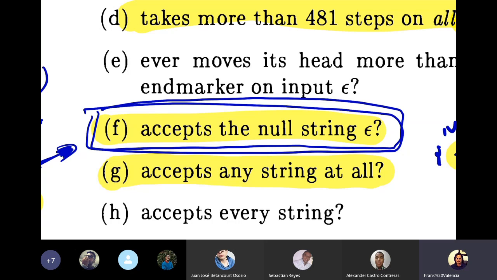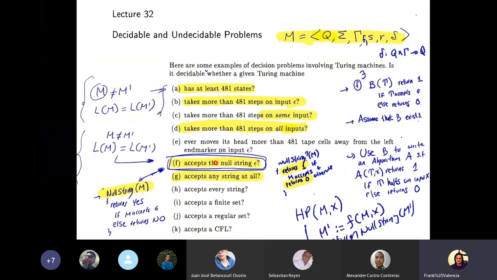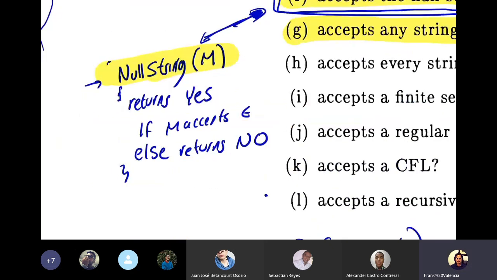Assume for a moment that you have an algorithm called null string, and it receives input M, and it returns yes if M accepts the empty string, and otherwise it returns no. And suppose that you have this. That's the trick that I always use. How can you use this to solve the halting problem?